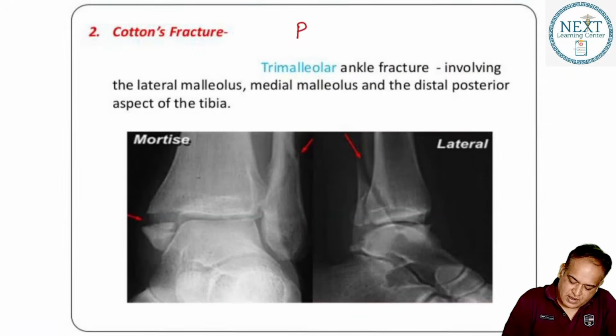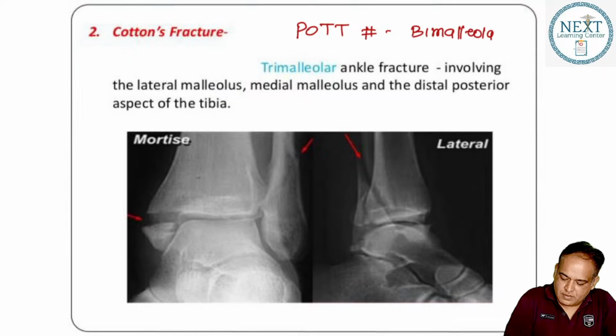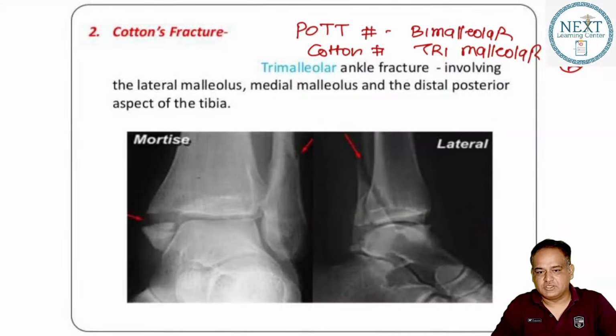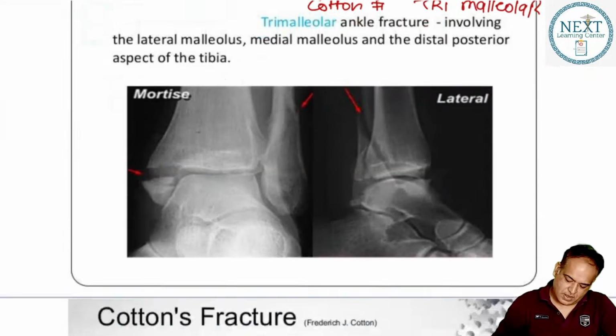Cotton fracture. So you see here, Pott fracture is bimalleolar and Cotton fracture is trimalleolar. Trimalleolar. This is important. Cotton fracture, Pott fracture. Okay.